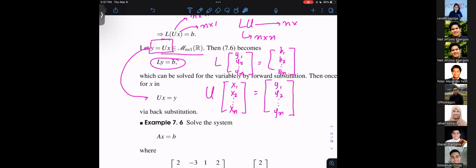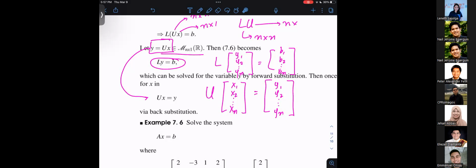So now, if you know the coefficient matrix A, all you need to do is to get the LU factorization using whatever method you want. You can use the method that we discussed starting last Tuesday, and then store that in your memory.